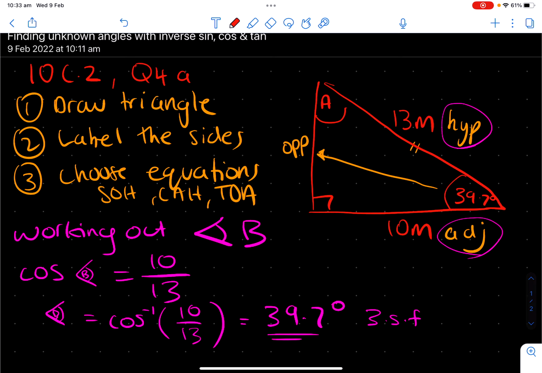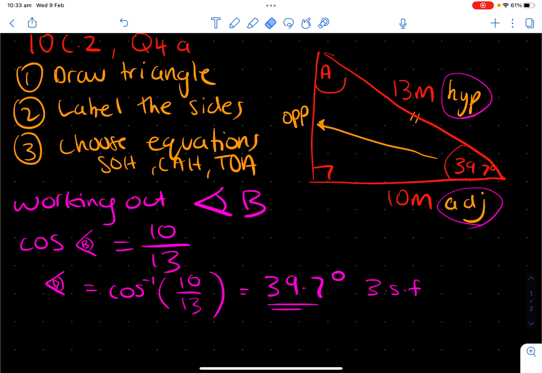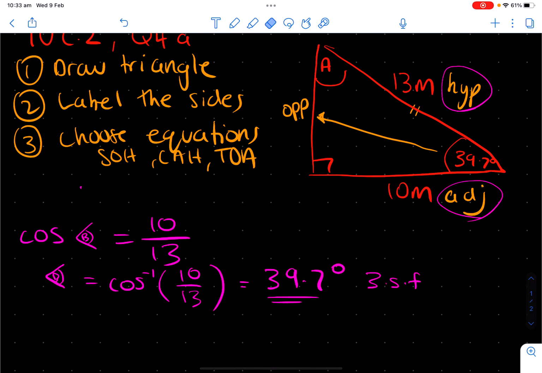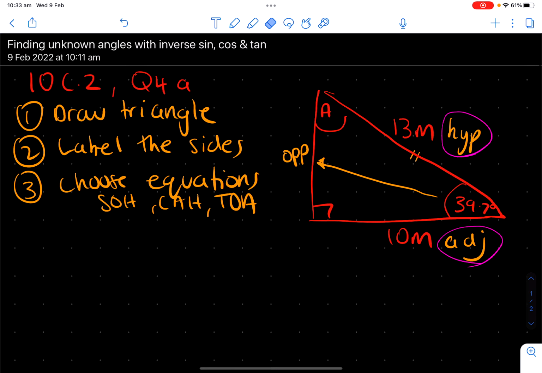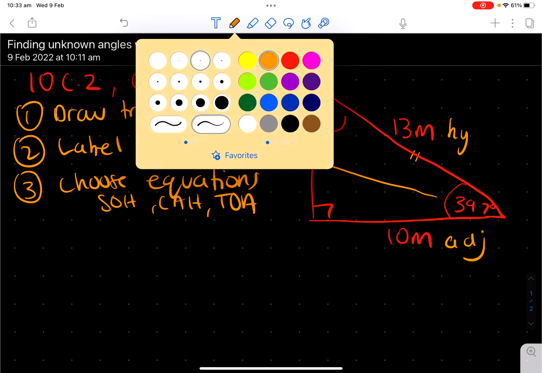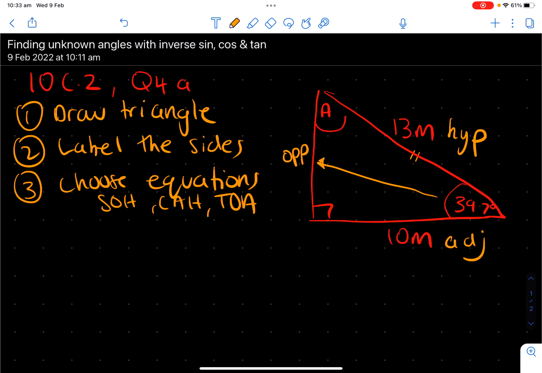So now that we've done that, we're going to work out angle A. I'm going to erase this because it makes it easier to see. We are now going to focus on a different part, angle A. So we're going to relabel our sides because it's always in reference to the angle.